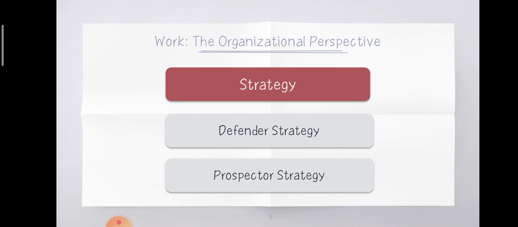Now, the prospector strategy is used when the organization is operating in an uncertain business environment, meaning the business environment is volatile, which of course requires flexibility. When companies are not flexible within their market environment, rest assured your business will close.